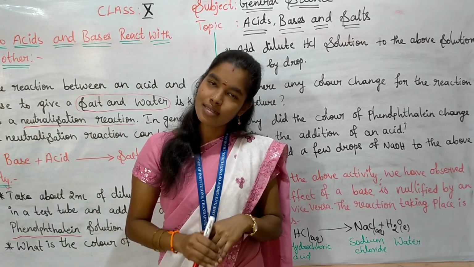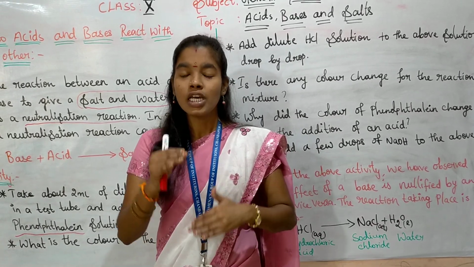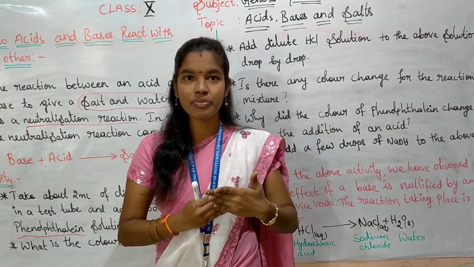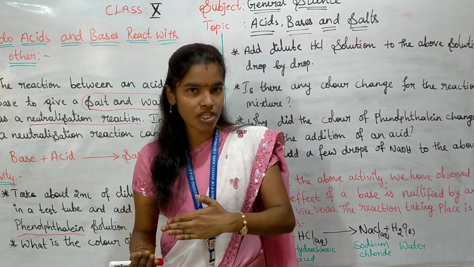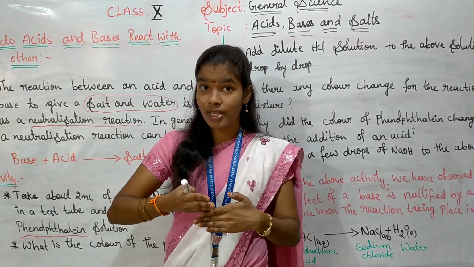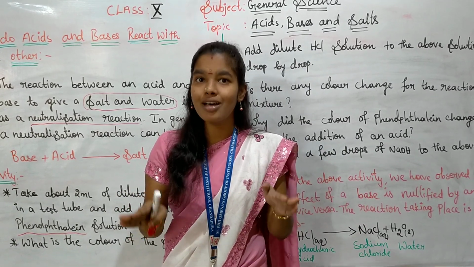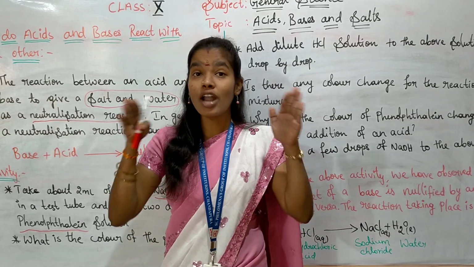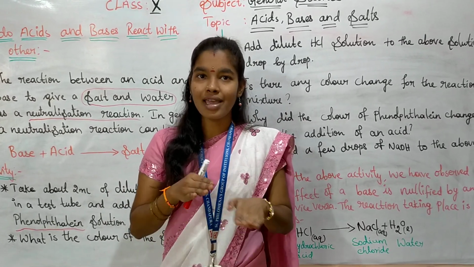It turns pink again. So phenolphthalein turns the sodium hydroxide solution pink, after adding hydrochloric acid the solution becomes neutral and colorless, and again if you add sodium hydroxide, the solution turns pink. Like this it will go.